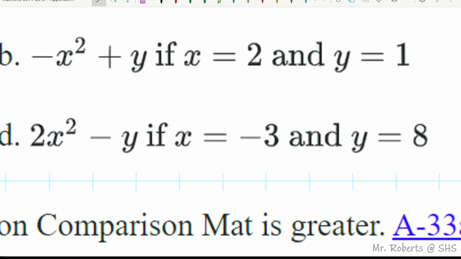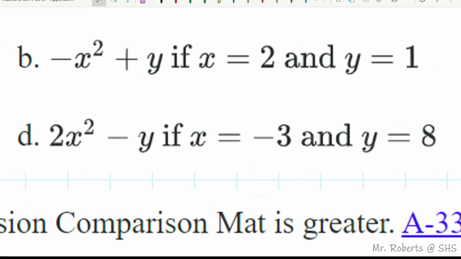Let's look at B. Ooh, evaluate the opposite of x squared plus y if x is 2 and y is 1. Okay, so I think I got this. Here's that negative symbol and then a space for x. I'm going to square that and then plus a place for me to put y. So in place of x, I'm going to write the number 2. Right, that's what x is. X is 2.